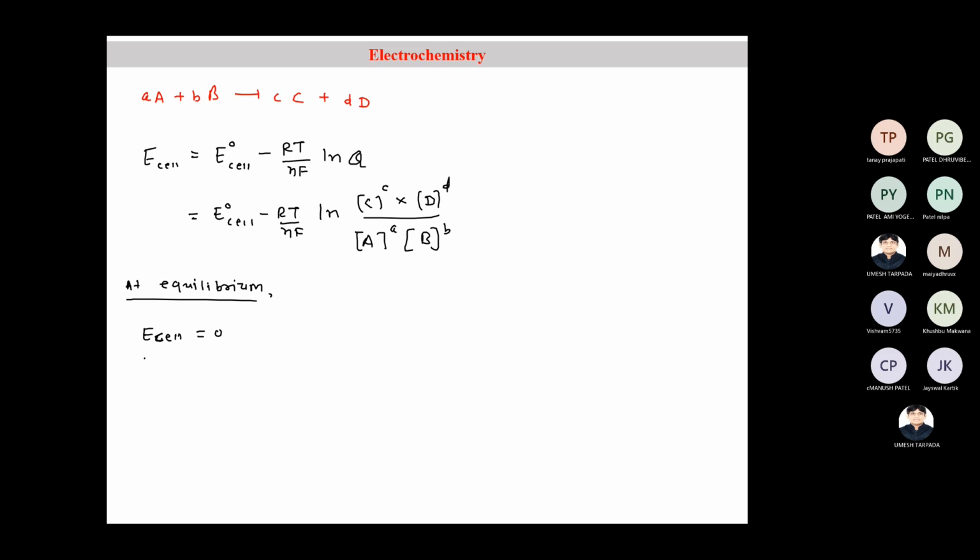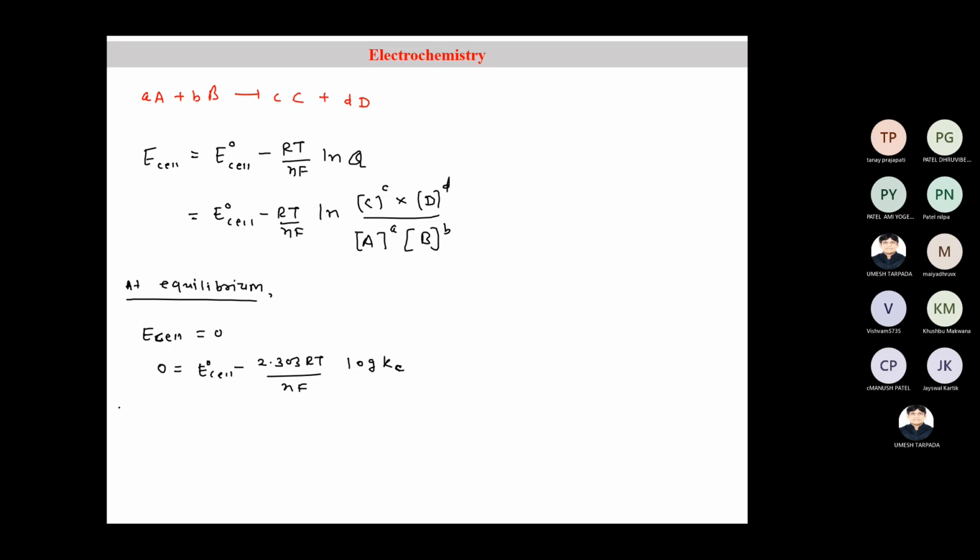So you can have this equation: minus 2.303 RT, converting ln to log. Now we can put the equilibrium constant.